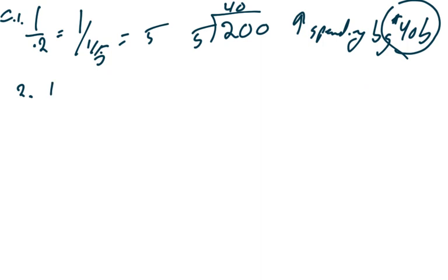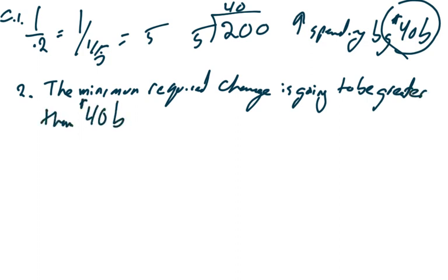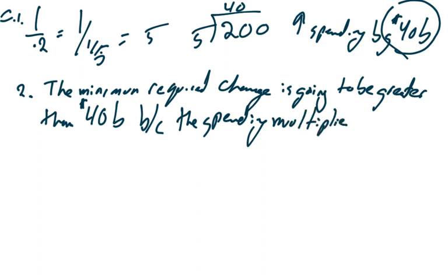Right, so the minimum required change is going to be greater than $40 billion because the spending multiplier is stronger than the tax multiplier.